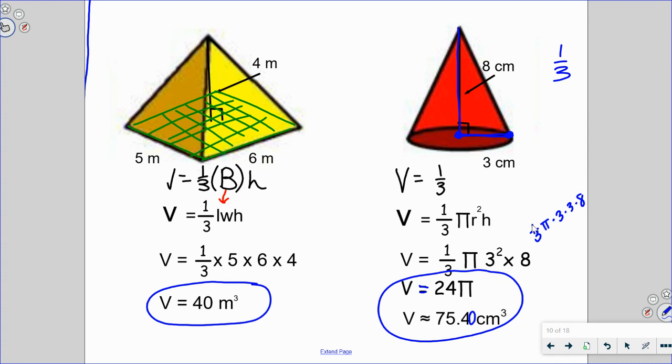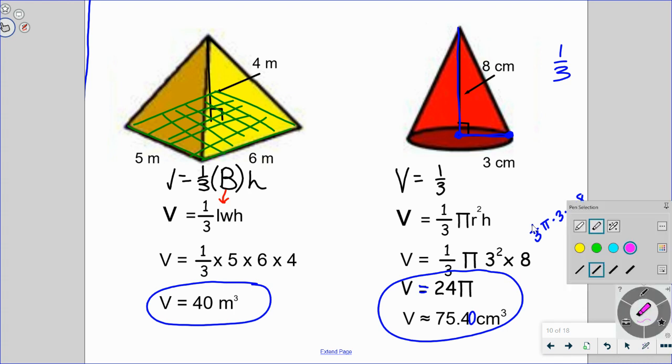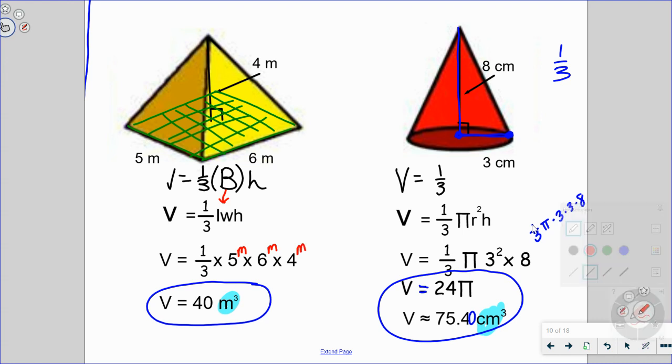So look at these problems. How are they similar? How are they different? One thing you'll notice, they both have cubic units. Why are there cubic units and how do you know? If it helps, you can write the unit next to every dimension.